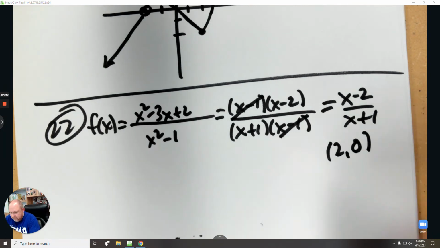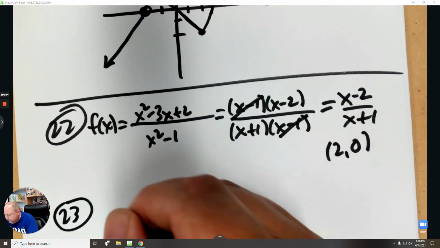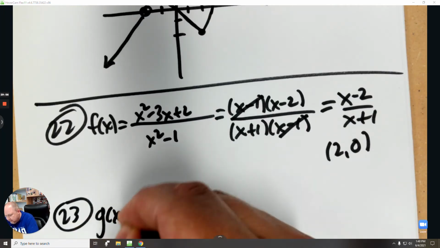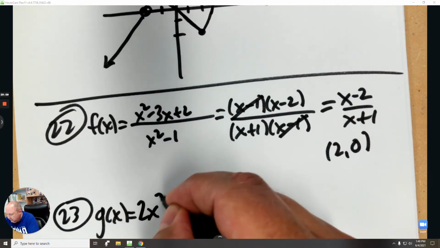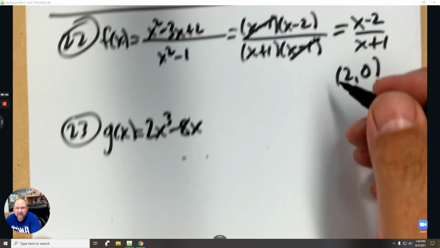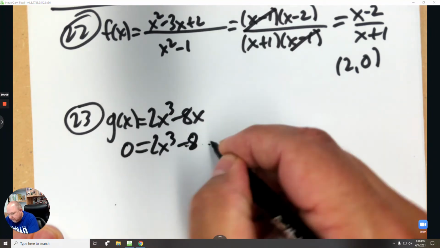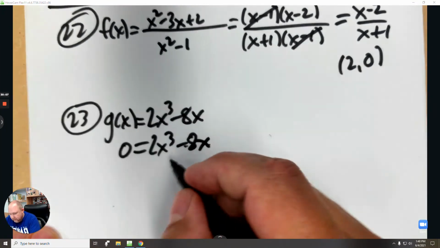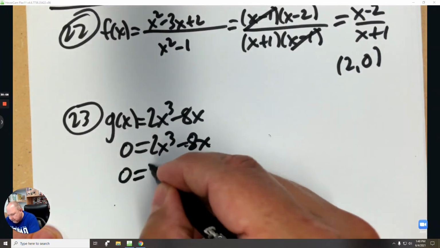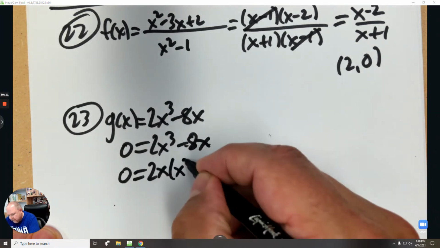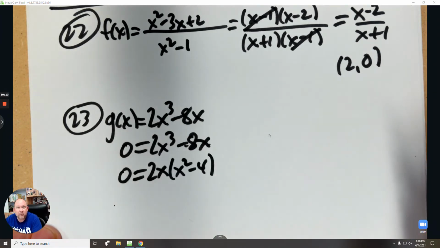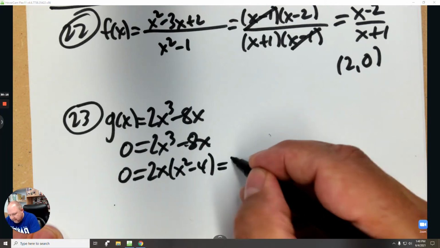For 23, g of x equals 2x cubed, subtract 8x. To find the zeros, you make it equal to 0. To solve this, we're going to solve it by factoring. So what do they both have in common? 2 and x. So what's left over is x squared subtract 4. I'm going to keep factoring it.